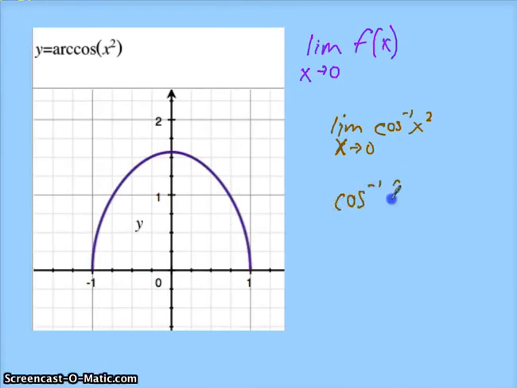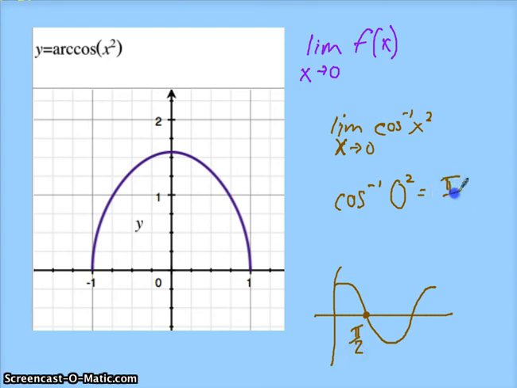The inverse cosine of 0 squared, if you remember, is pi over 2, correct? And pi over 2, if you think about that, is going to be 1.57, which is what we can see here.